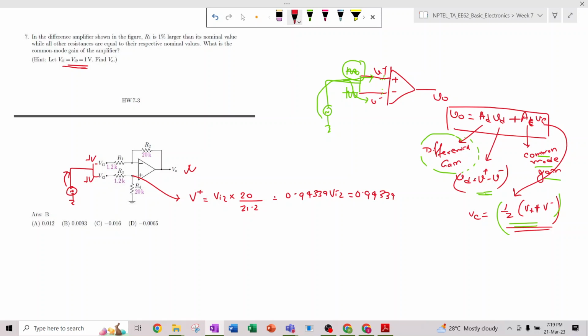The same thing will appear here also, because of the virtual short concept, since it's an ideal op amp. So there should be some current over here, call it I. I will be 1 minus 0.94339 divided by this resistance, 1.2k, and the same amount of current will flow through this, because no current flows into the op amp.